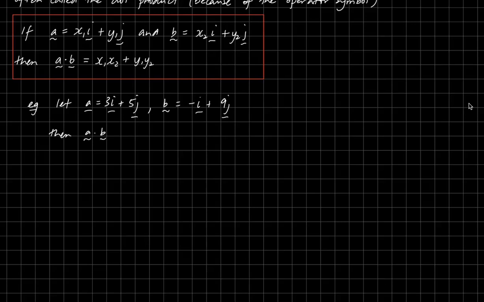Then the scalar product or dot product of A and B, and notice we don't use the multiplication symbol because that means something completely different with vectors. Let me write them in column form here.